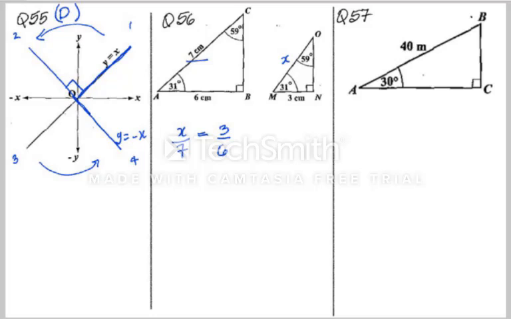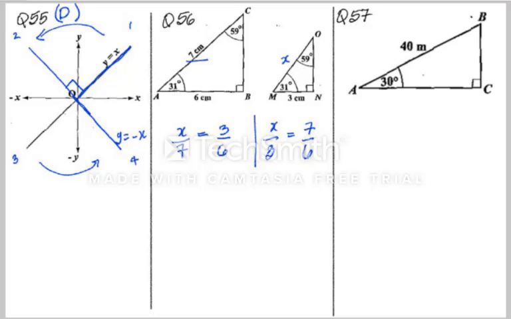If two shapes are similar, the ratio of corresponding sides are the same. We could write it like this, or we could write it as x over 3 is equal to 7 over 6. Both will give us the same answers.